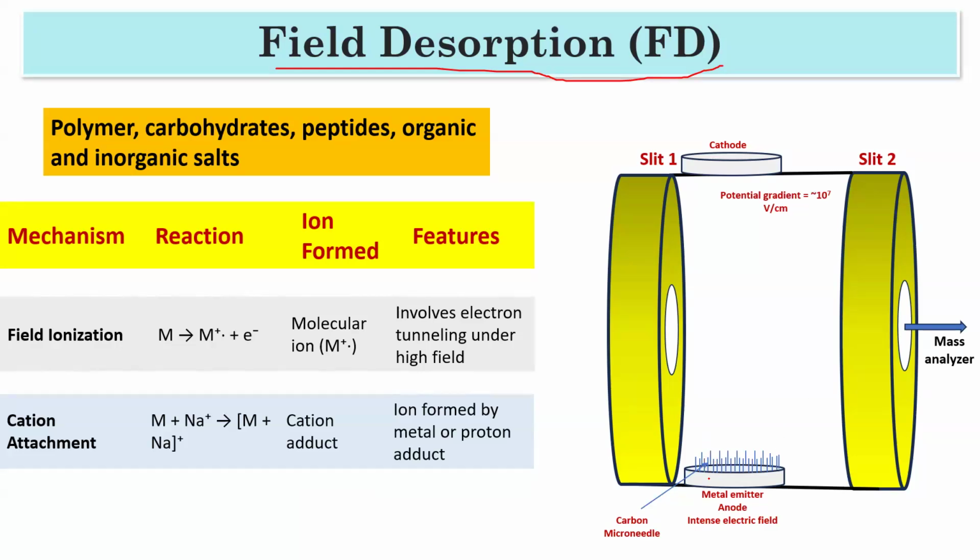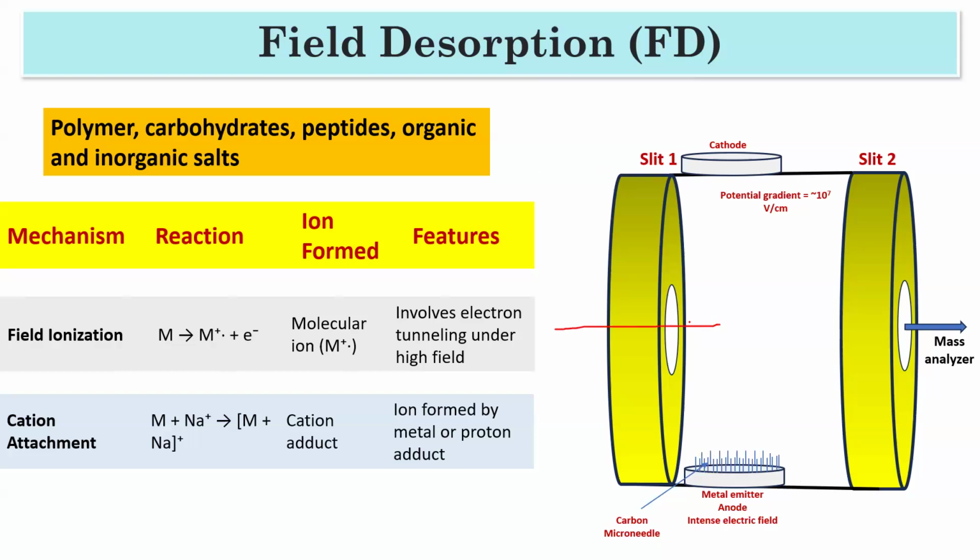Okay, so in this case, what's happening? You have some metal plate, which is acting as an anode, and you have some carbon microneedles. You see, these are sharp.